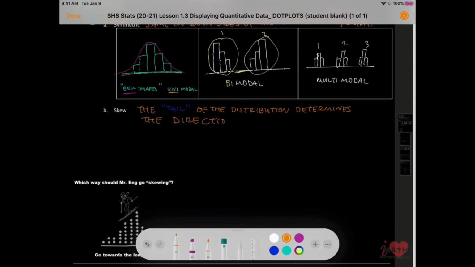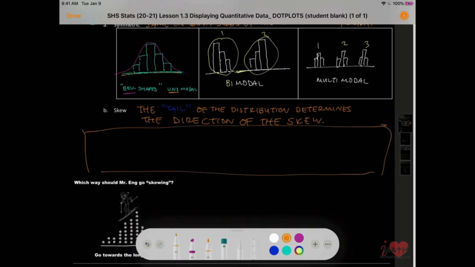Direction of the skew. I'll give you guys the 3 examples here.